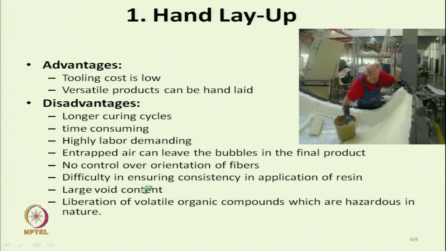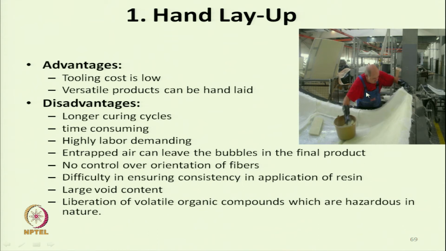So, it is difficult to ensure consistency in the application of resin, because it is manually done. The resin concentration at different places may be different, and there is large void content due to air bubbles, which affects the quality of the matrix.